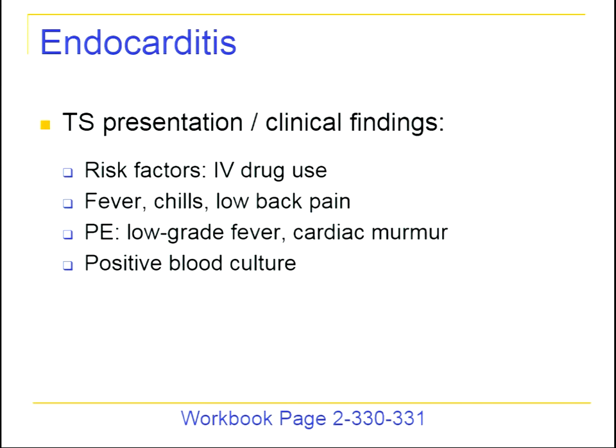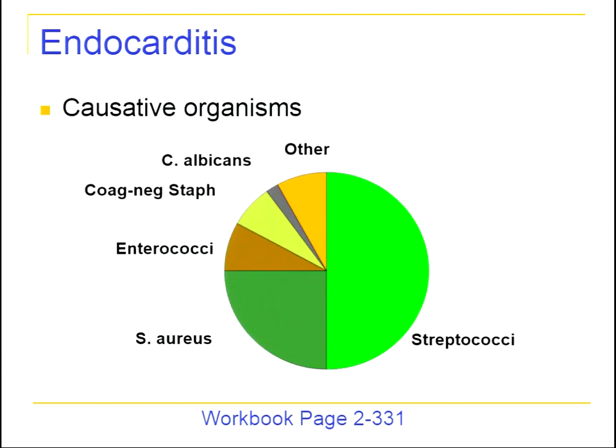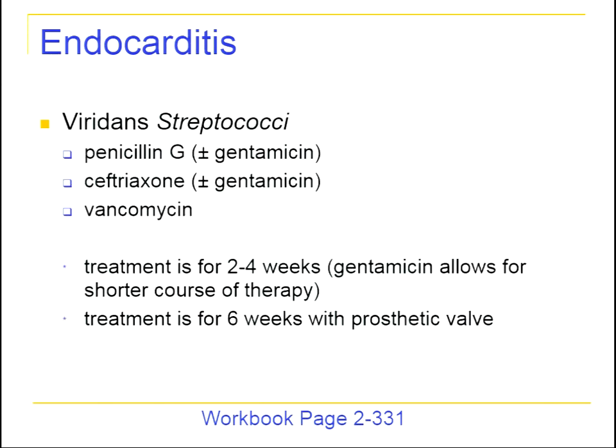The cardiac murmur is huge. That's very common. And then those multiple positive blood cultures over and over again are a huge indicator for endocarditis. The 3 most common organisms are Streptococcus, Staphylococcus aureus, and Enterococcus. And then there are some others as well, but I'm going to talk about those main 3 organisms.